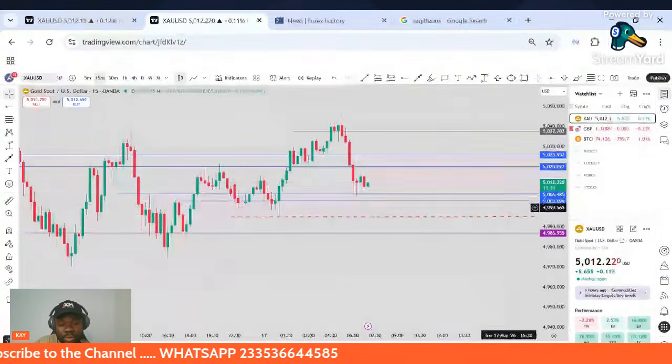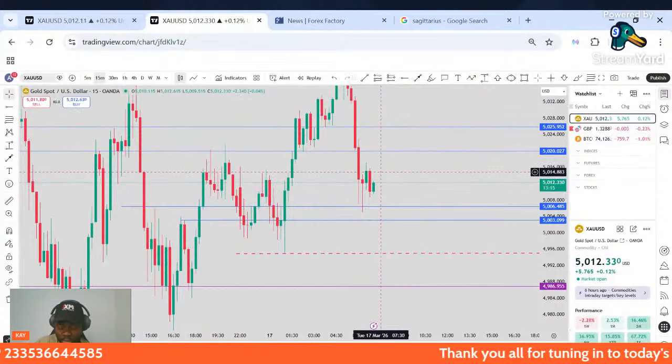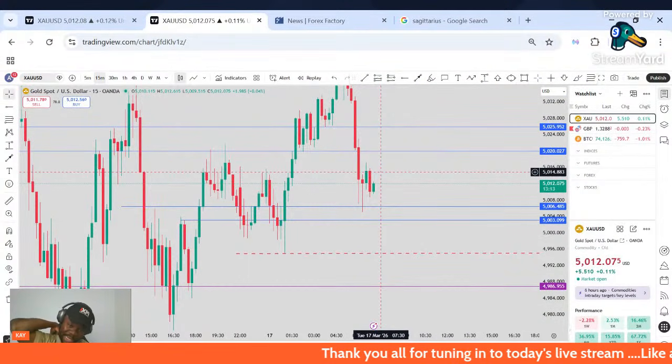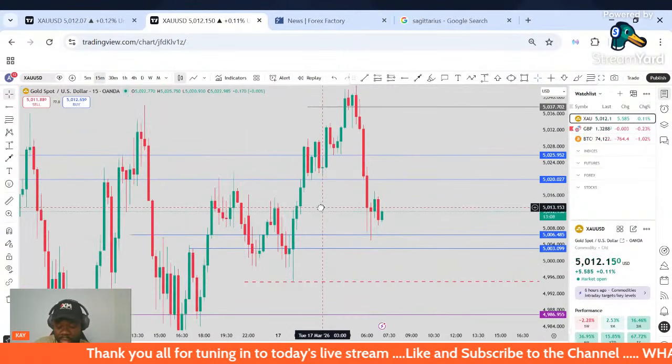Exactly what I spoke about with the buy. I love the way the candle has printed over here.